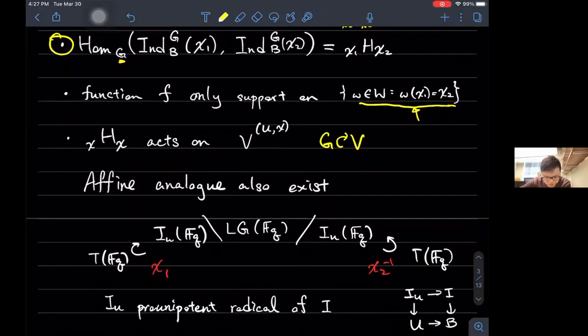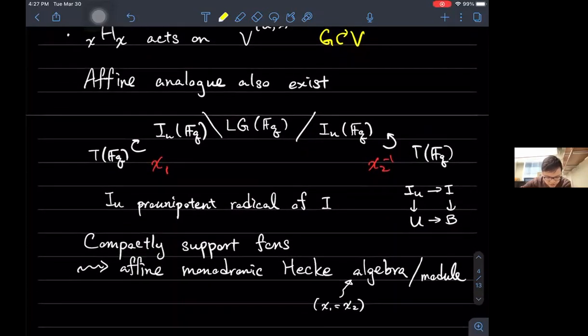Now we could combine the two generalizations together and obtain the monodromic affine Hecke algebra. So I replace the unipotent radical by I_U, the pro-unipotent radical of the Iwahori.